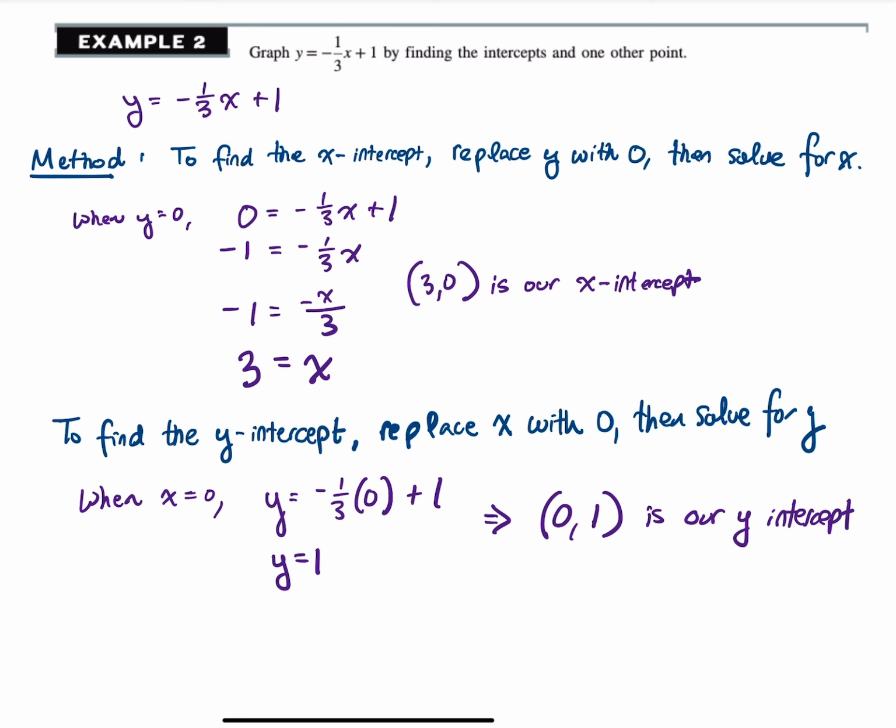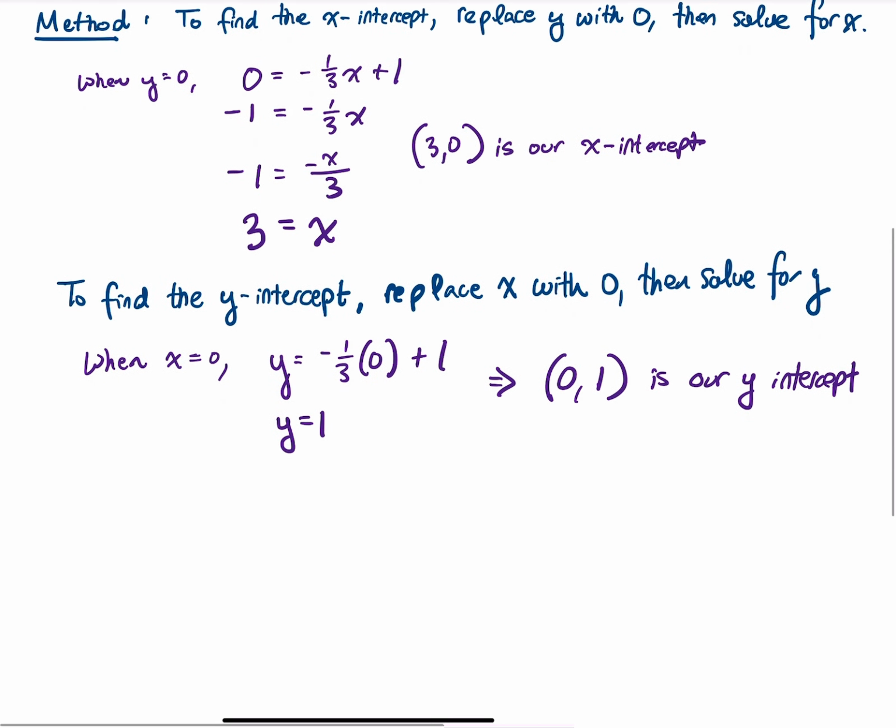So let's use these 2 points and plot our line. So I'll build my axes. Add some markers. Go out to 4 in each direction. So we have 3, 0 as our x-intercept.